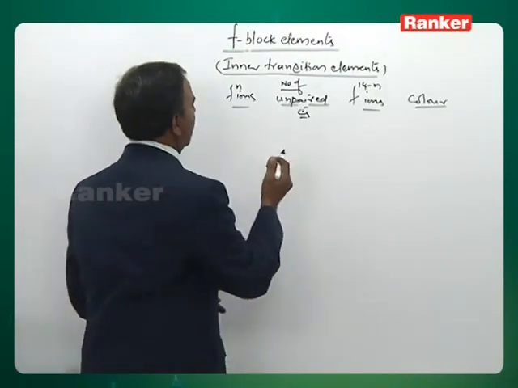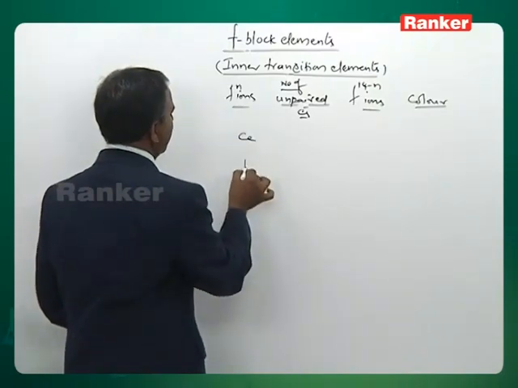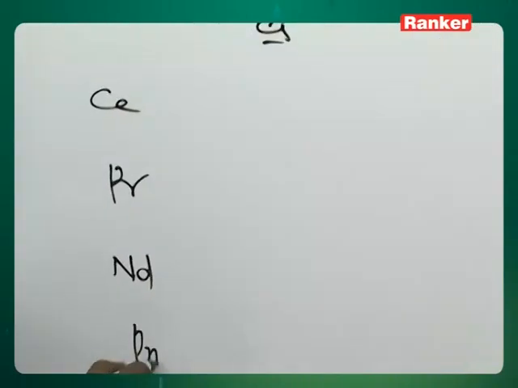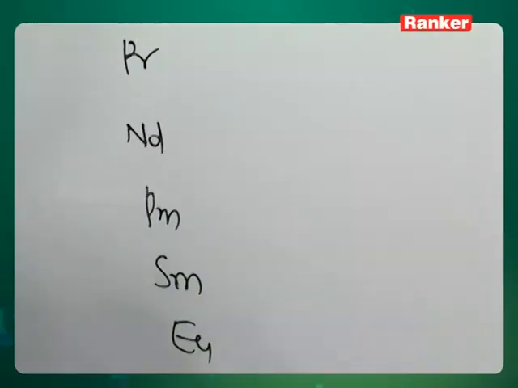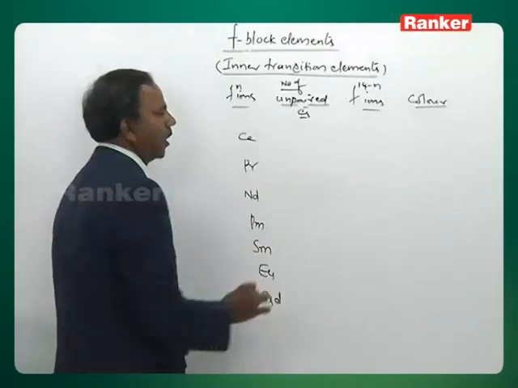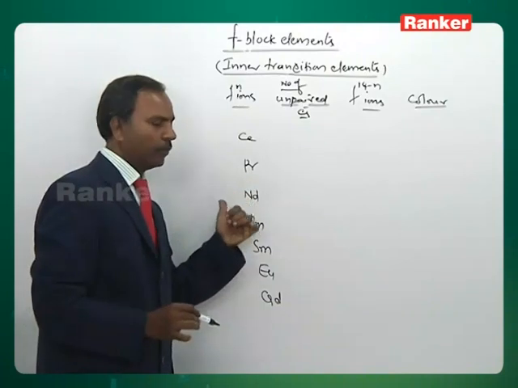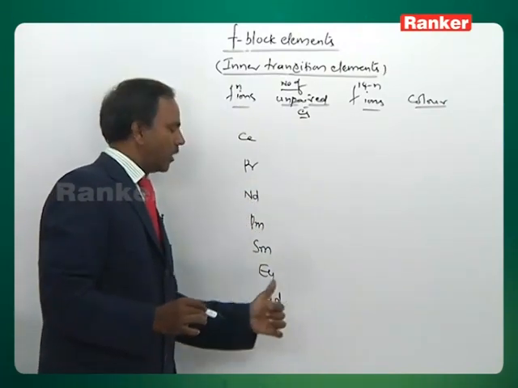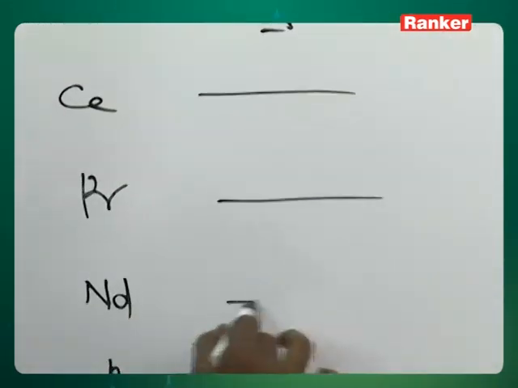Let me make the table. You observe this now: cerium, praseodymium, neodymium, promethium, samarium, europium, and gadolinium. Up to 7 elements are written. Next we start again in a similar way from gadolinium to the last element.